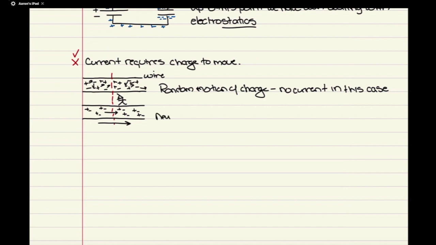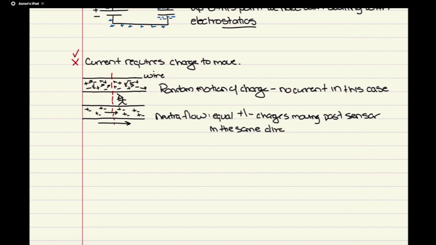Well, it's a motion of neutral flow. There are equal plus and minus charges moving past the sensor in the same direction. So again, I would say this is not an example of current.